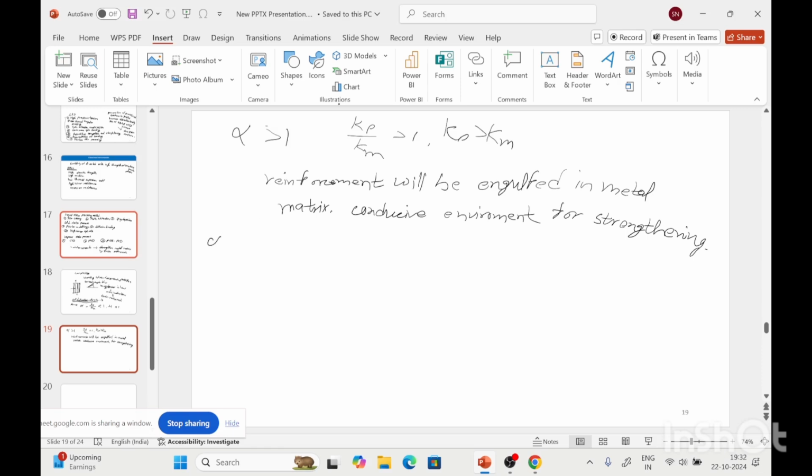And if alpha is less than 1, the thermal conductivity of the reinforcement particle is less than the thermal conductivity of the metal matrix. This leads to the solidification front pushing the reinforcement particles.